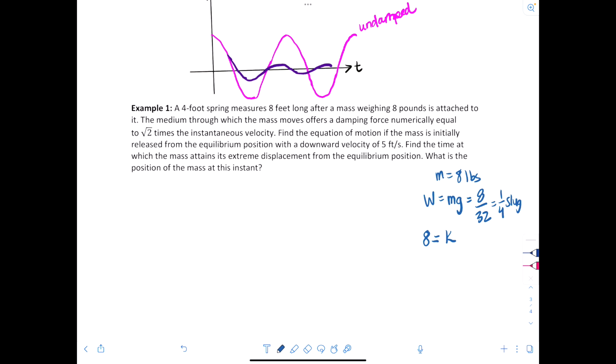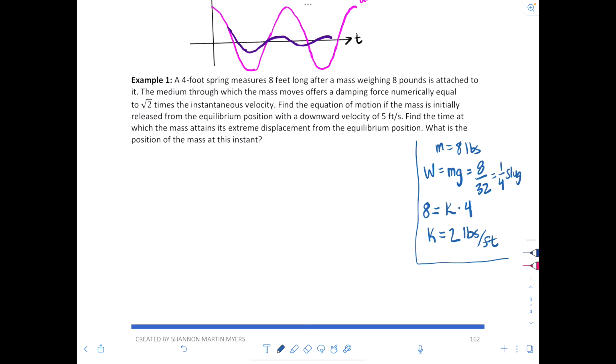So remember that when it comes to rest, to equilibrium, it's 8 feet long. And the spring started at 4 feet long, so S is going to be 4, because 8 minus 4 is 4. Groovy? Okay. So that means that K is going to be 2, and that would be pounds per foot.